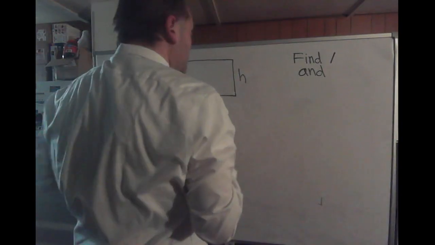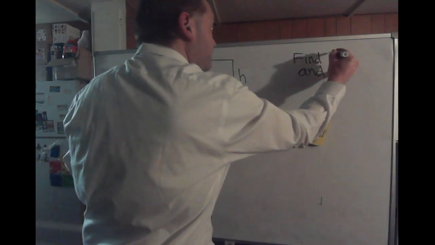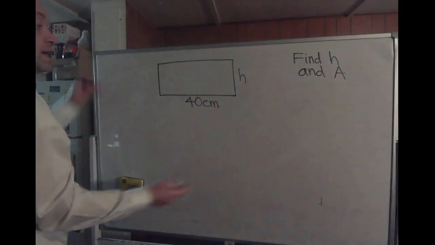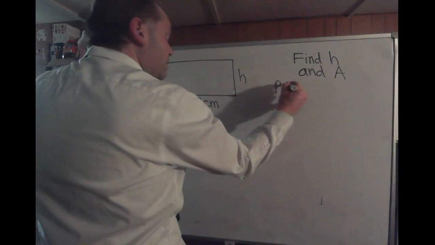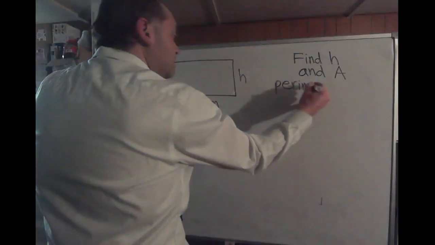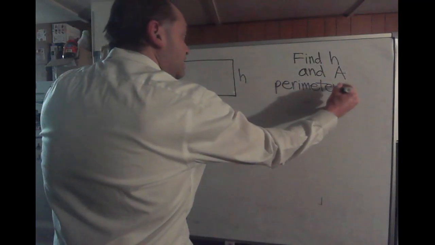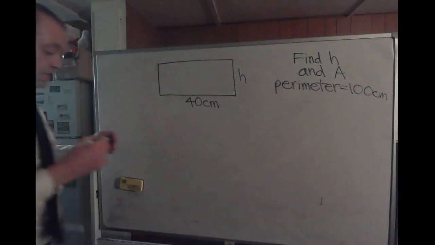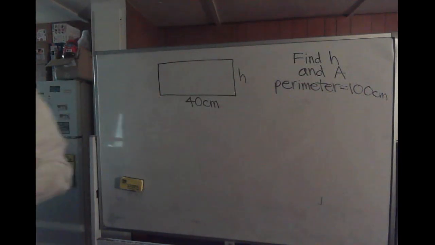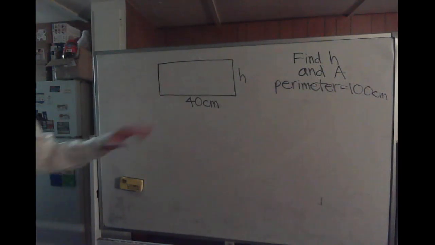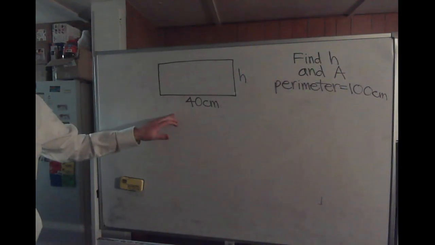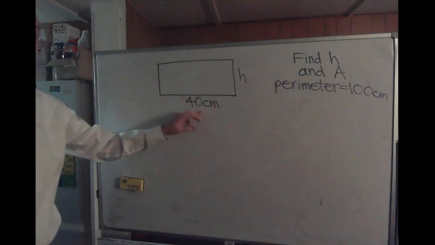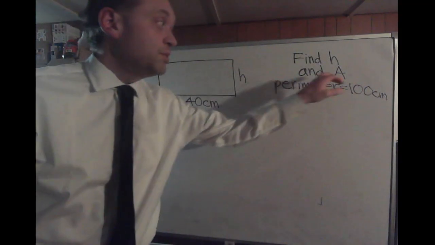So we need to find the height, H, and the capital A for the area. They give you that the perimeter P equals 100 centimeters. So it's a little bit of backwards logic this time. The perimeter of this rectangle is 100 centimeters, and the base has a length of 40 centimeters, but we don't know the height and we don't know the area.